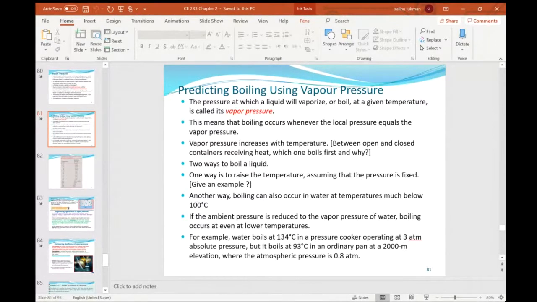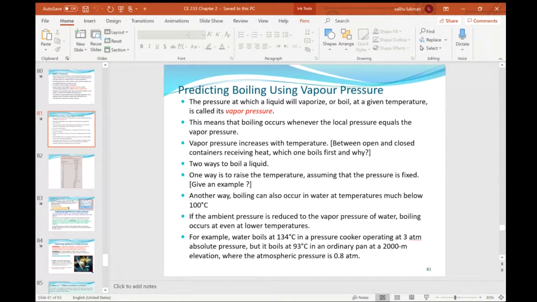So now, between open and closed containers receiving heat, which one boils faster and why? Let's say you are boiling water to take tea, or you are boiling water to cook something. You have one container that is closed and one that is open. Which one will boil faster and why?